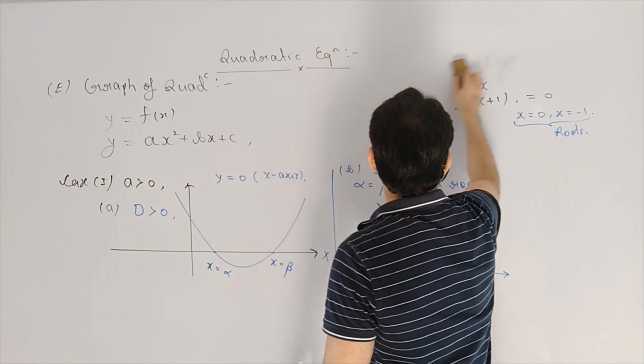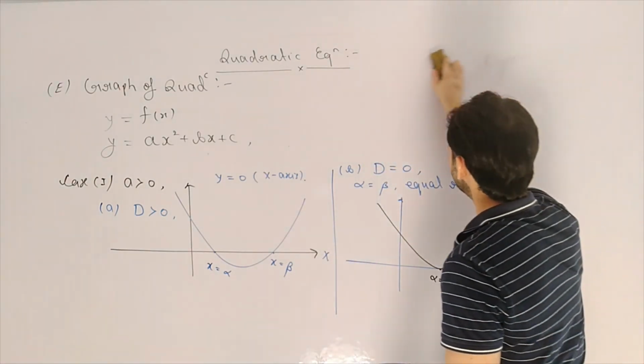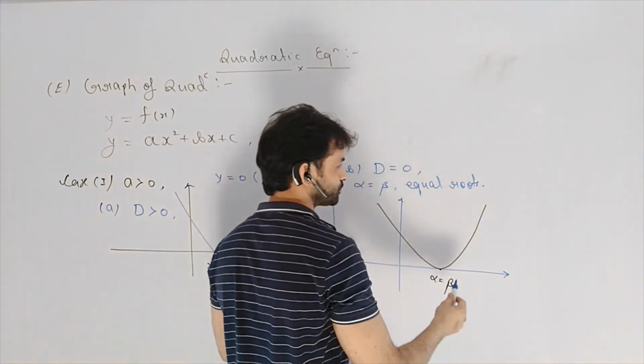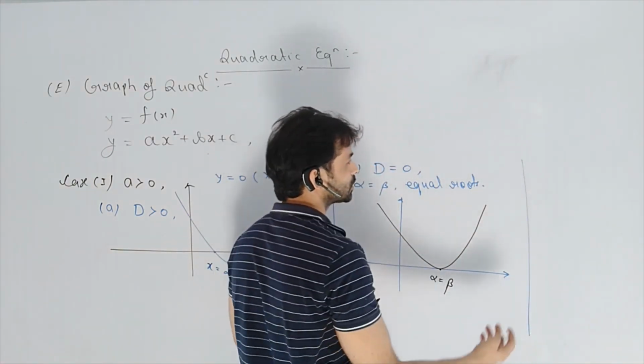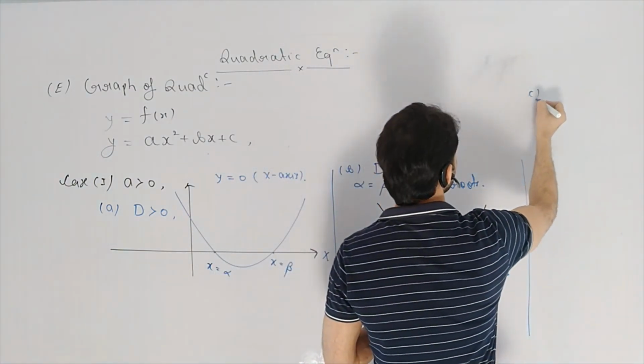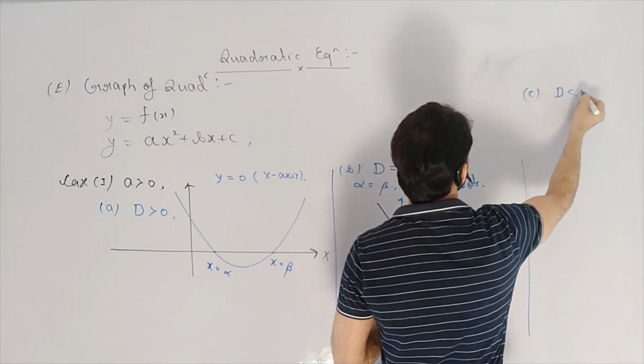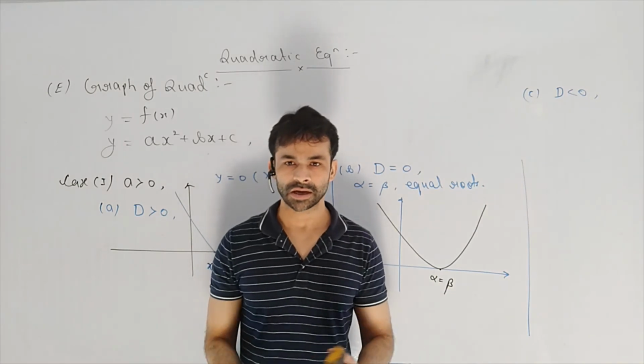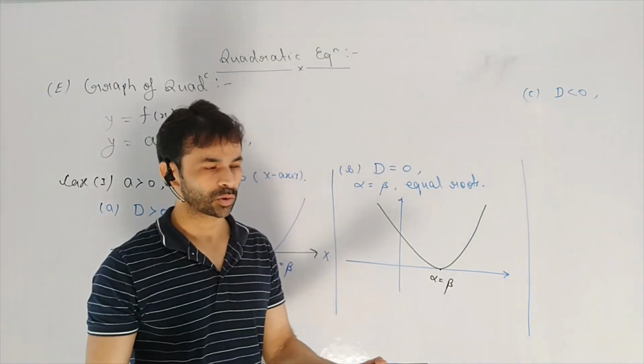And if there are no roots, or imaginary roots, it means the third case, discriminant less than 0. If it is less than 0, it means imaginary roots, there is no real root.